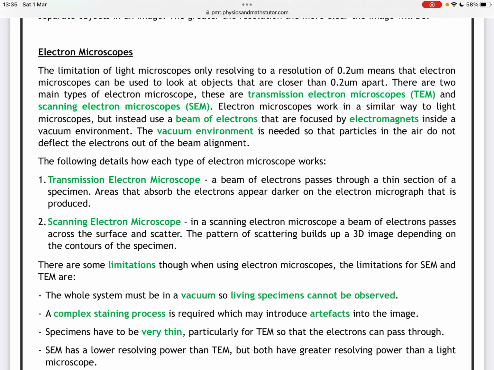Transmission electron microscope: a beam of electrons passes through a thin section of a specimen. Areas that absorb the electrons appear darker on the electron micrograph that is produced. Scanning electron microscope: a beam of electrons passes across the surface and scatters. The pattern of scattering builds up to a 3D image depending on the contours of the specimen.